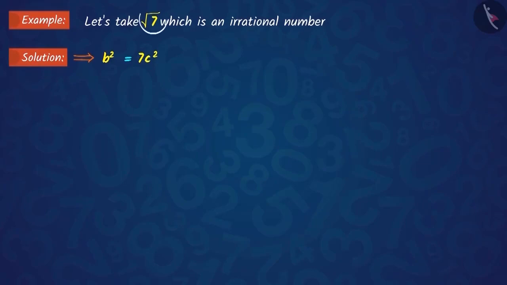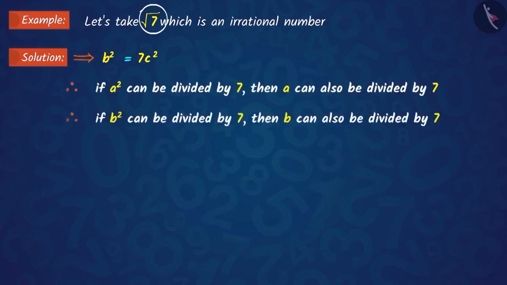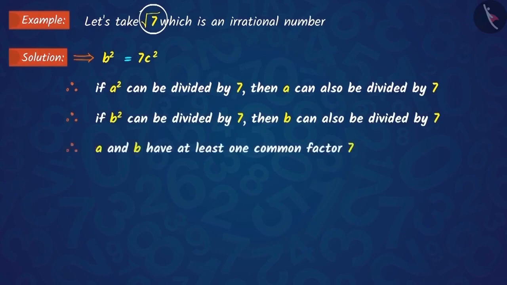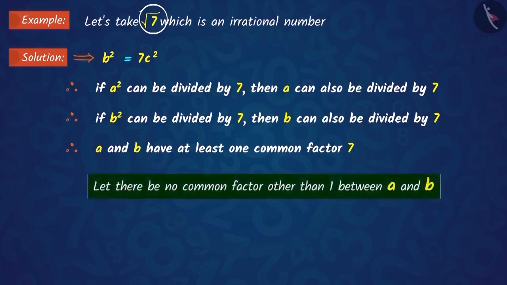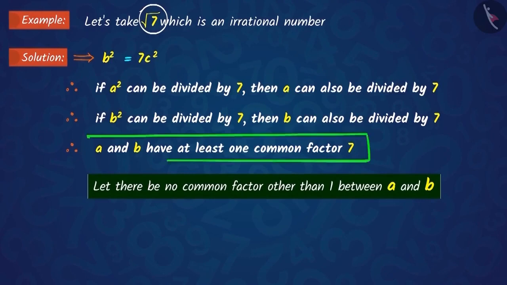According to the given irrational number square root of 7, we get two results here. Thus, we know that a and b have at least one common factor and that the common factor is 7. Note that we had assumed that a and b do not have any common factors other than 1. Whereas the opposite, or contradiction, of this is obtained.